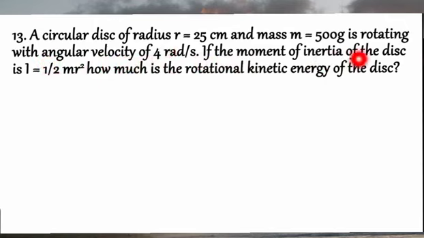If the moment of inertia of the disc is 1/2 mr squared, how much is the rotational kinetic energy of the disc? First, total kinetic energy is rotational kinetic energy plus translational kinetic energy, the sum of the two. Here, the radius of the object 25 cm, mass of the object 500 gram, and angular velocity omega 4 rad per second are given, and we are asked for the rotational kinetic energy. Options are given.